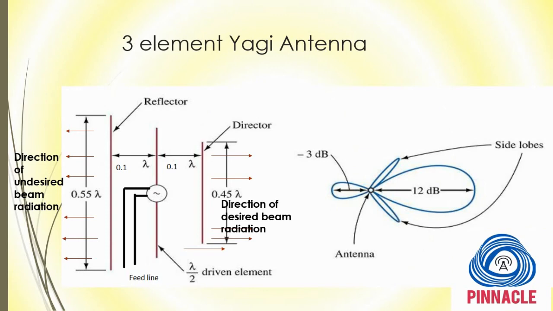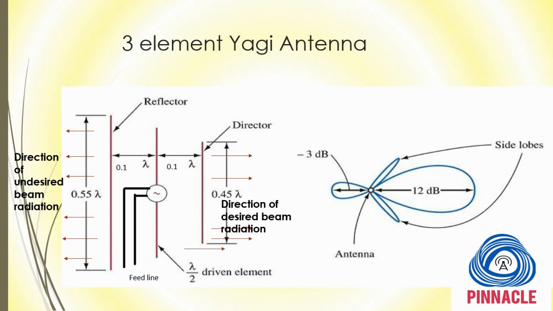Hence, the phase of current in the former case, where length is greater than lambda by 2, will lag the induced voltage, whereas in the latter case, where length is less than lambda by 2, it will lead the induced voltage.